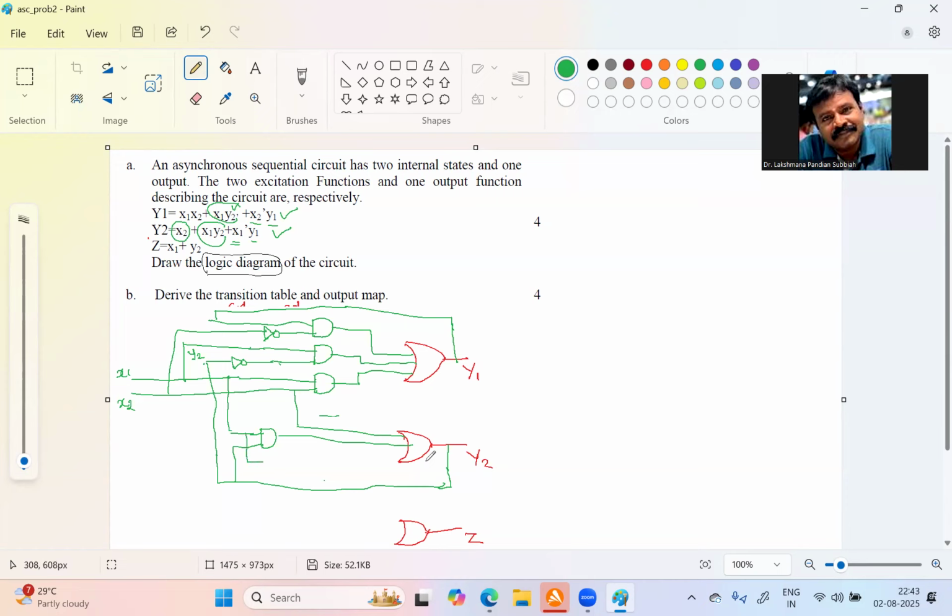You take x1 dash and y1, connected with one AND gate, and you connect that here. Now Z is x1 y2. So you take this y2 and then x1. You take that x1 also.